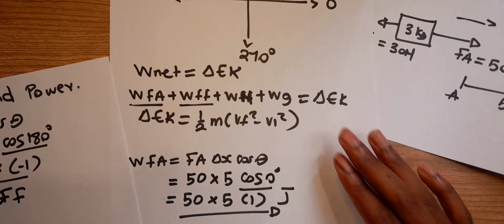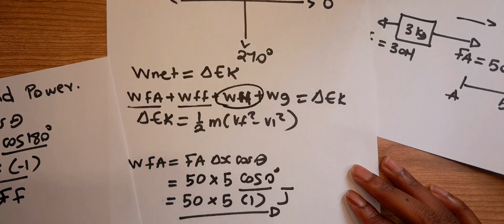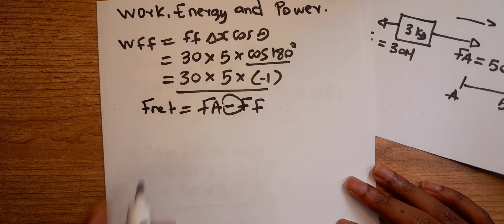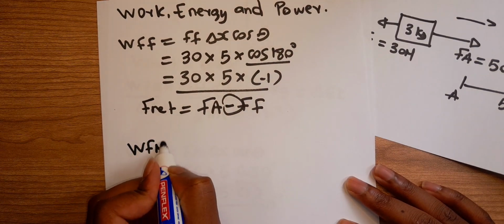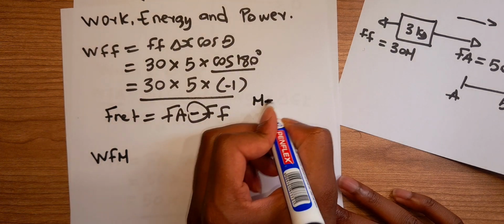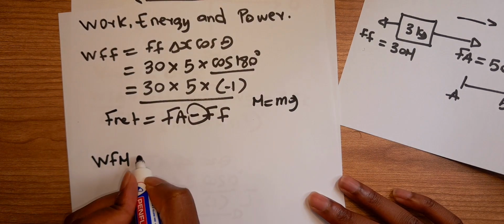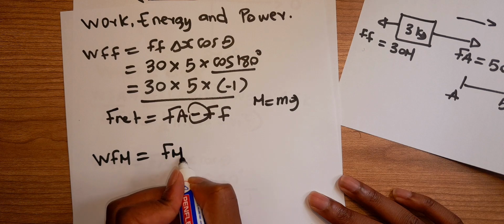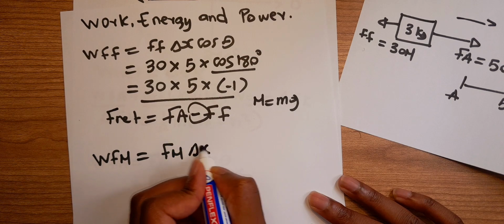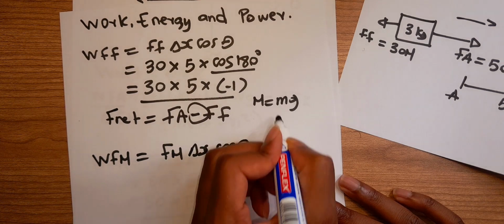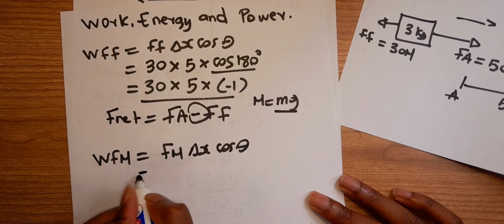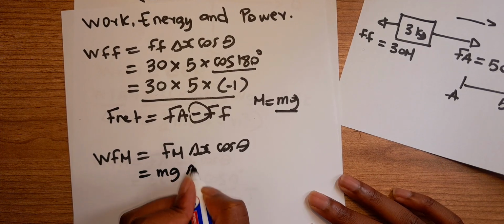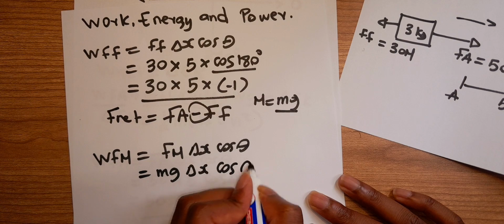Let's say we want to calculate the work done by the normal force. We know that the normal force equals mg, right? So the work done by the normal force equals F_N times change in x times the cos of theta. Instead of writing F_N, we do have the right to write mg times change in x times the cos of theta.